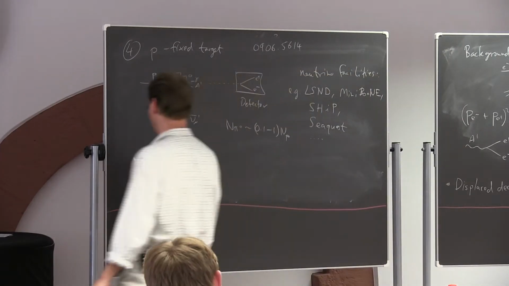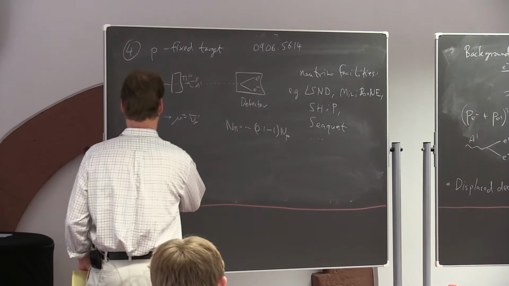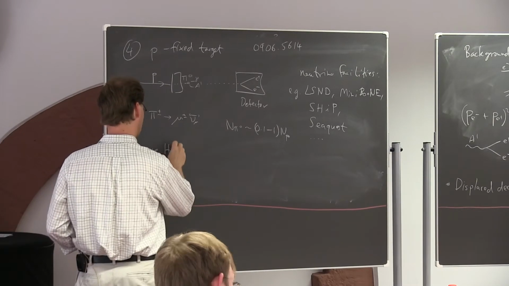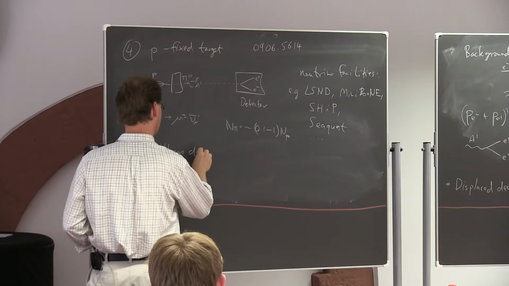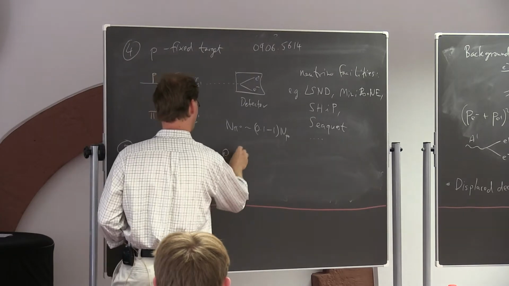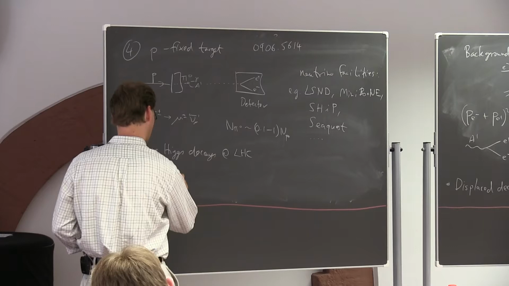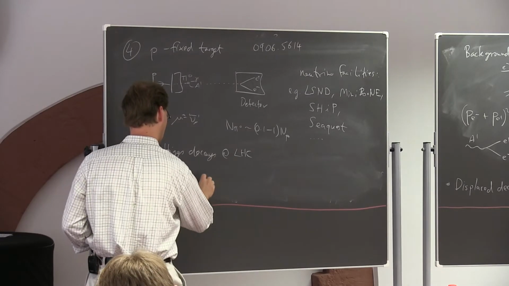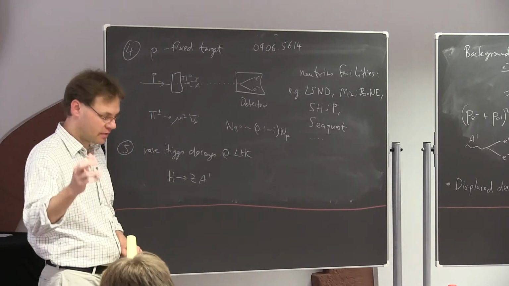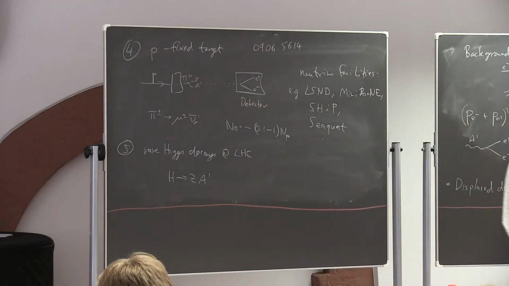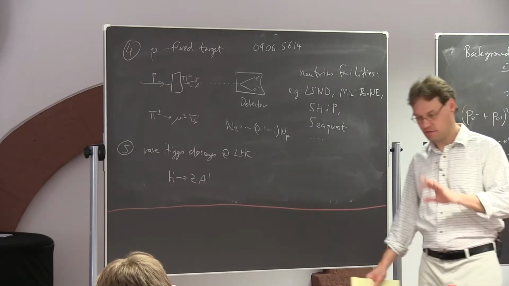Let me mention a few other things very quickly. So there are rare Higgs decays at the LHC. That's not a great source, but it's a fun source because it's the Higgs. Remember that this morning, someone even asked this, but what I said was that the dark U1 is actually mixing with the hypercharge, not with the photon itself.